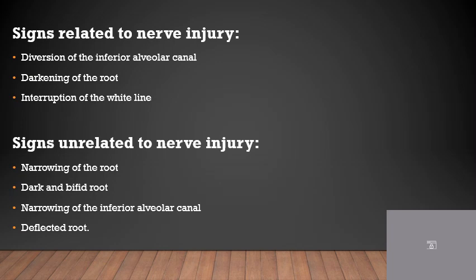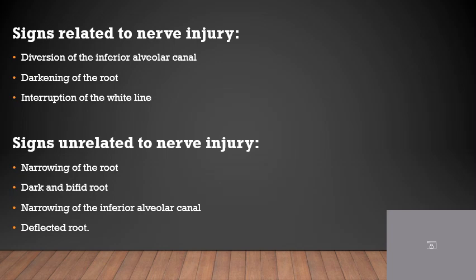Among these, the discontinuity of the white line is considered to be one of the threatening ones, because if there is a discontinuity of the white line, then there is a chance that there is a communication between your inferior alveolar bundle and your root surface. So while removing the third molar, you may encounter inadvertent bleeding due to the disruption of the continuity of your inferior alveolar neurovascular bundle.